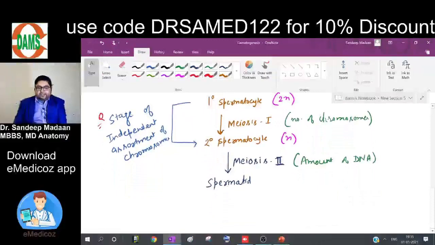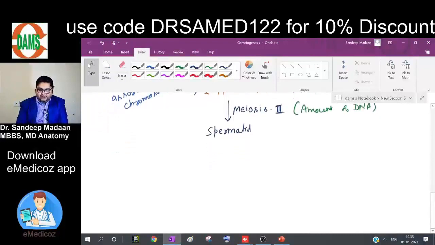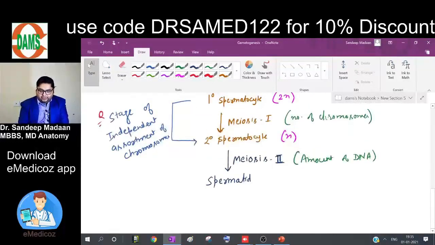Right. Now that we have got the spermatid, it will be converted into spermatozoa.